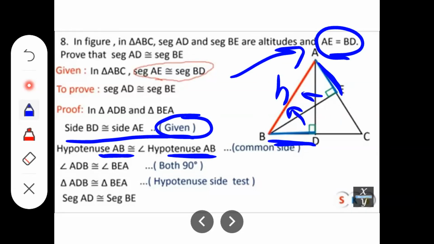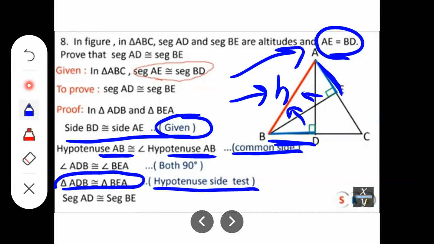because for both the triangles the hypotenuse is common, as I have explained here. For both the triangles, the same hypotenuse is here. So it is a common side. So by the hypotenuse side test, both the triangles are congruent to each other.